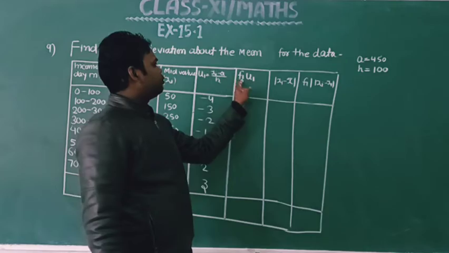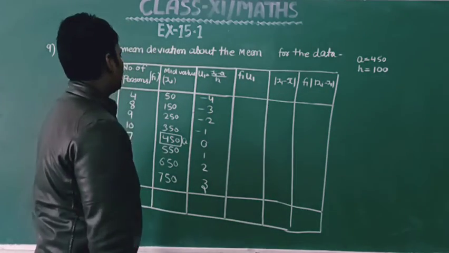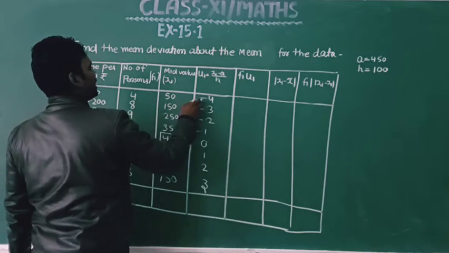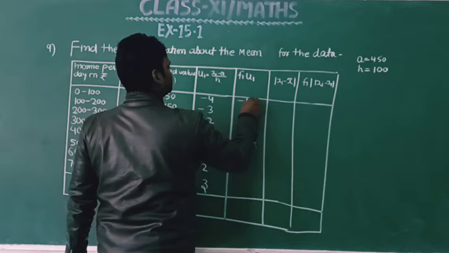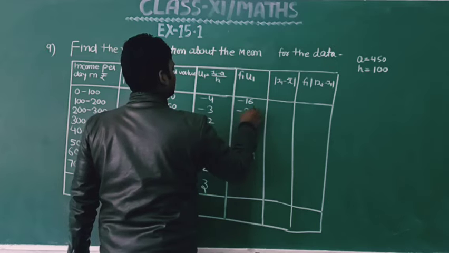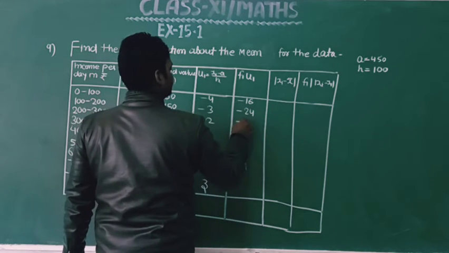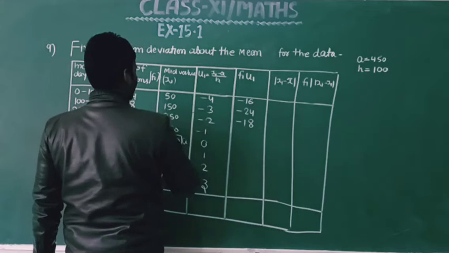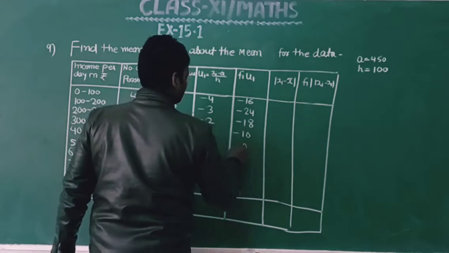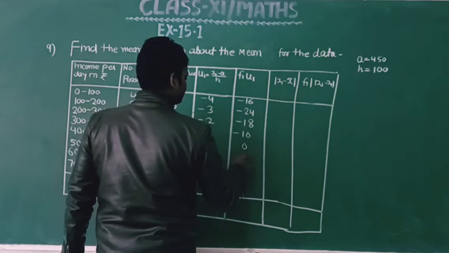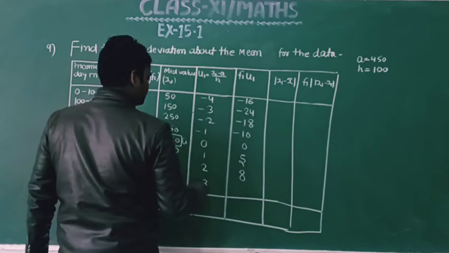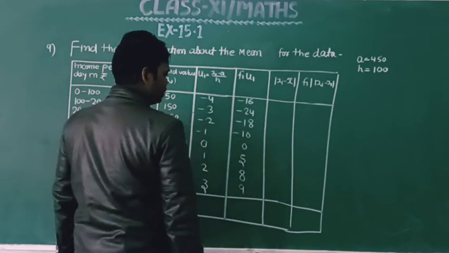Next we need to find fi ui. So fi ui means 4 times minus 4 is minus 16, and this is minus 24, next minus 18, minus 10, and 0 times 7 is 0, 1 times 5 is 5, and next 4 times 2 is 8, next 3 times 3 is 9.